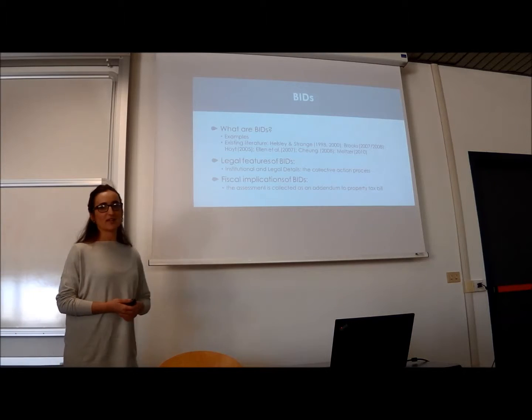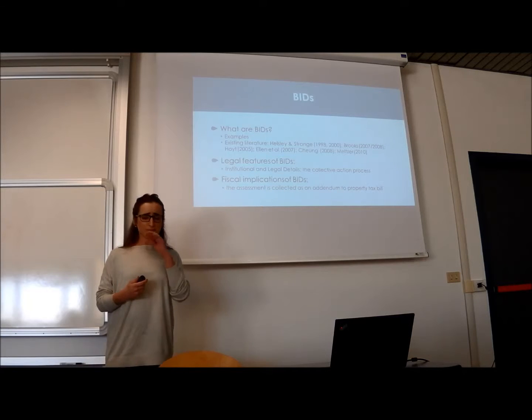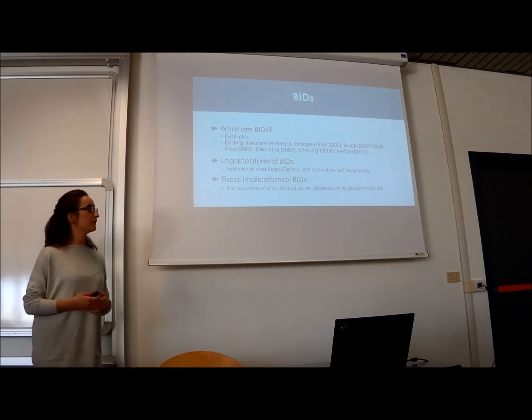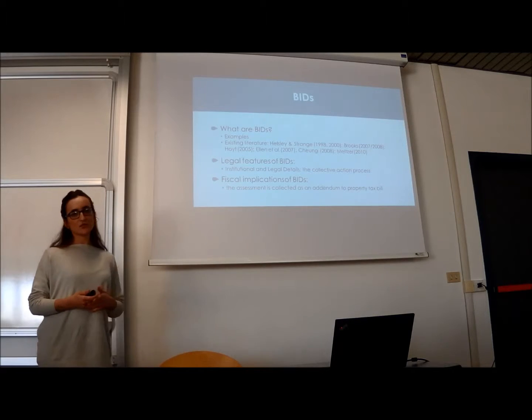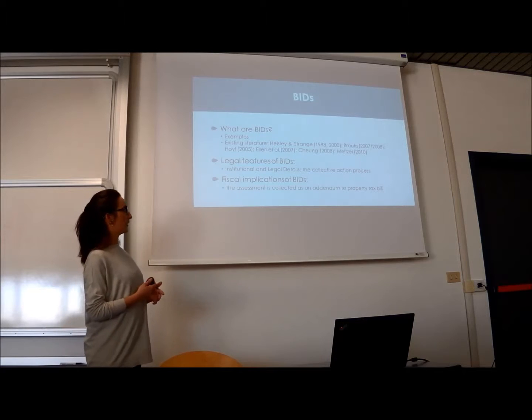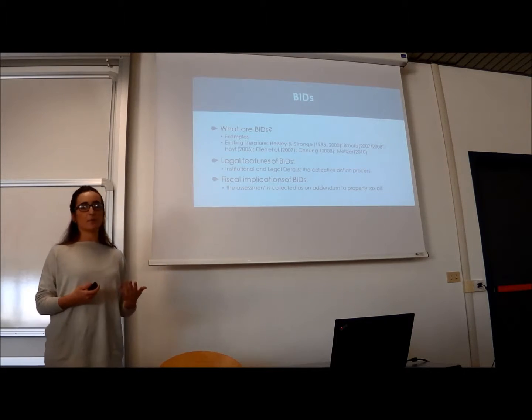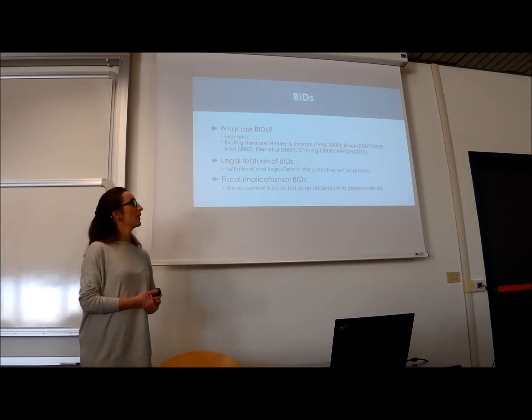As the paper suggests, a business improvement district is formed when a majority of commercial property owners vote in favor of a package of taxes and expenditures for public goods, in addition to the ones supplied by the public sector.